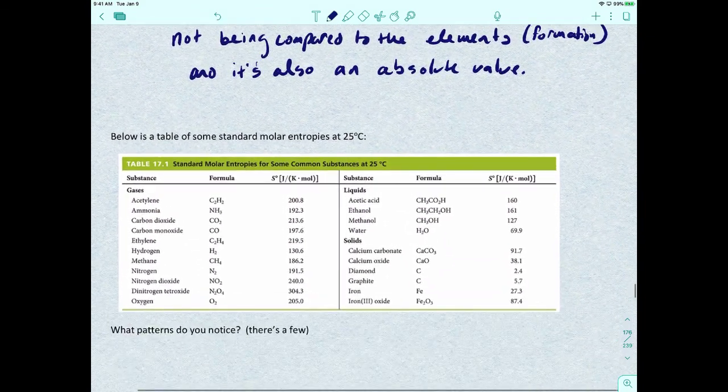Okay, so I've got a simple table here of some of the more standard molar entropies at 25 degrees Celsius. And as you take a look at this table really quickly, you'll notice that these are all positive values. Now, some other things that we can point out. This table is divided into gases, liquids, and solids.